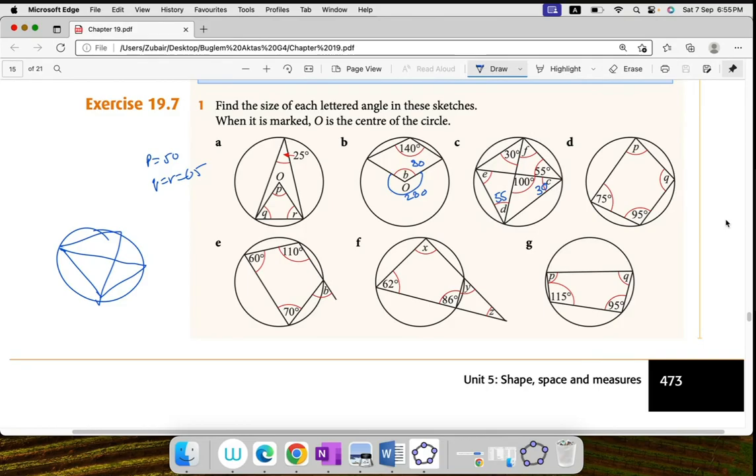So we can use 80 plus 55 minus 180 and then find F, which will also be E. So this is 80 and 55, and F is 45, which is equal to E, 45 again.